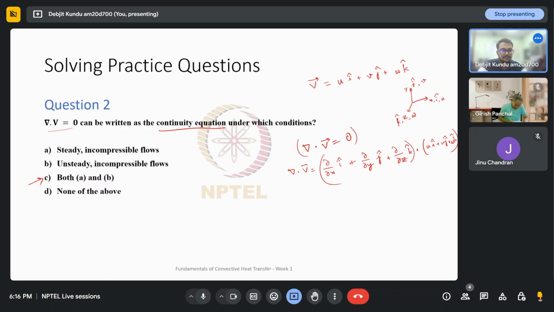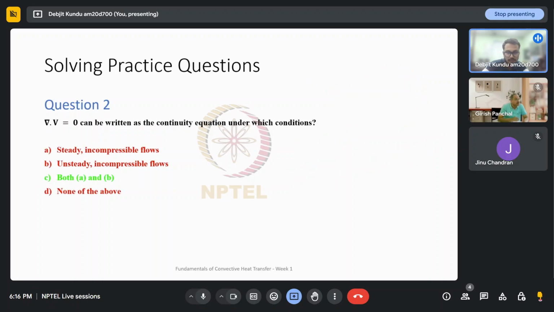Okay, so let's have a look at the solution. It is actually option C, both A and B, because the more general form of the continuity equation is basically the divergence of rho times V vector being equal to 0. Now, rho can be a constant, which it is in the case of incompressible flows.